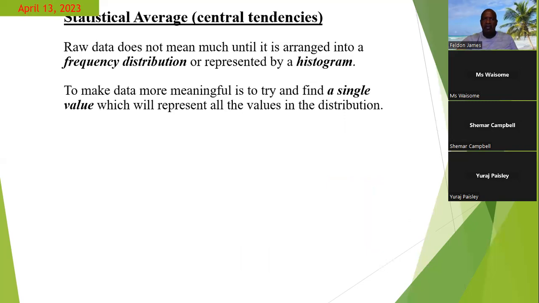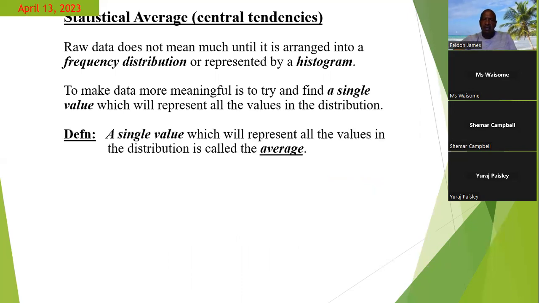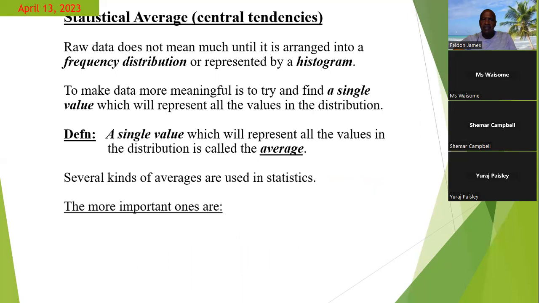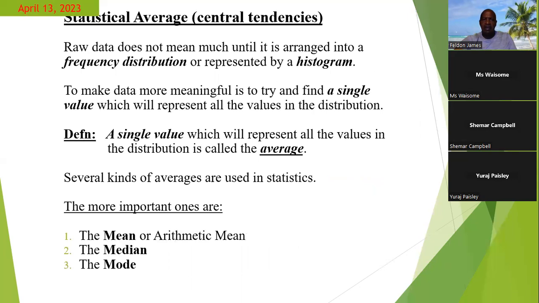All right, so we are looking now at statistical averages, which are often referred to as central tendencies. And why are they referred to as central tendencies? Because in terms of the data, if you have a range of data, let's say from 1 to 20, you have numbers from 1 to 20.